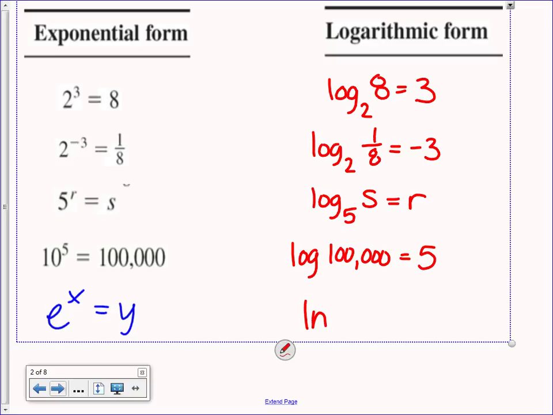Okay, so it is natural log, but we use ln to represent natural log. So this would become natural log of y is equal to x. You don't have to write the base e because when you write the ln, it's understood that the base is e. Okay?